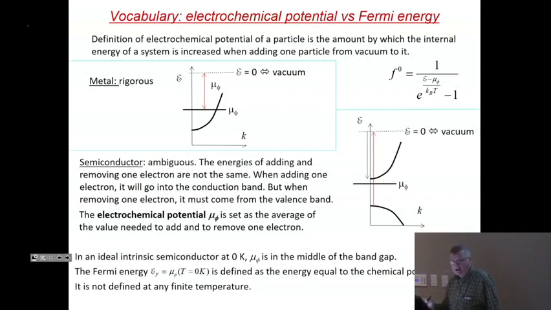And so at the end of the day, you can have electrochemical potentials that depend on temperature. The Fermi level is the electrochemical potential defined at T equals 0, so that is uniquely defined. The electrochemical potential varies with temperature.